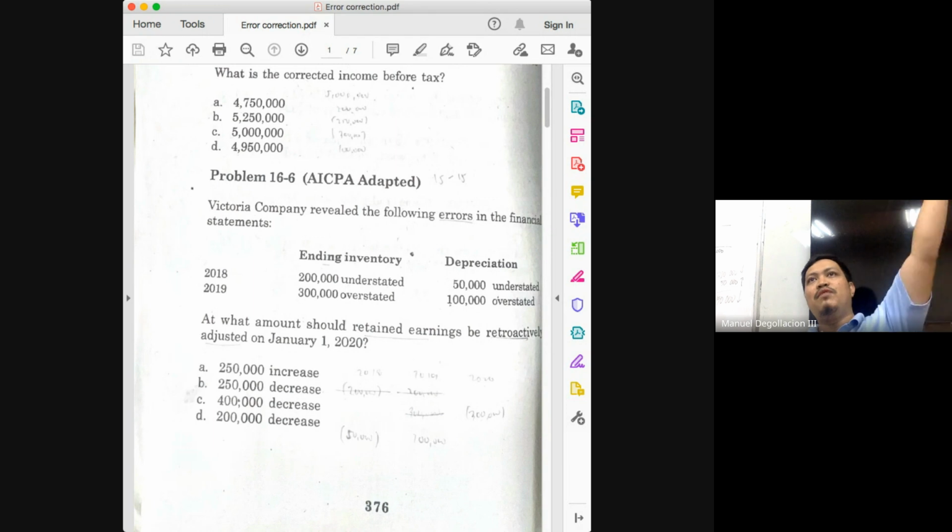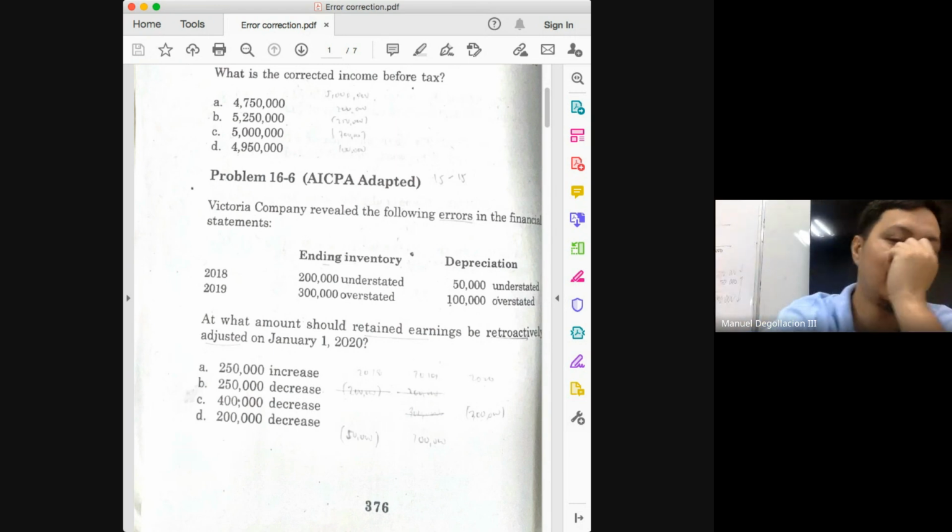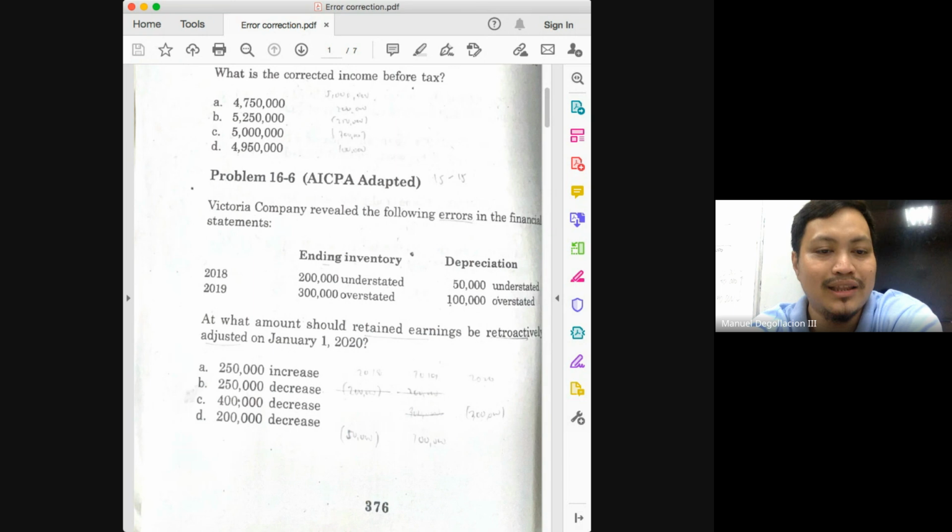So if beginning inventory is understated by 200, TIGAS would also be understated. If TIGAS is understated, cost of goods sold would also be understated. But if cost of goods sold is understated, its effect on your net income would be opposite. So that means your net income is overstated by 200,000.